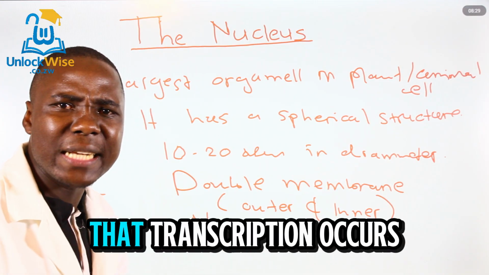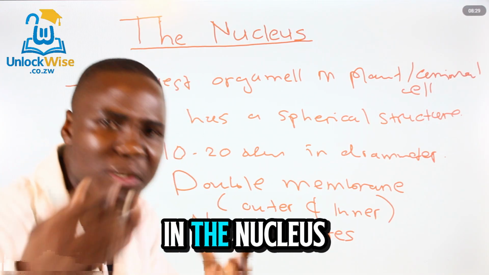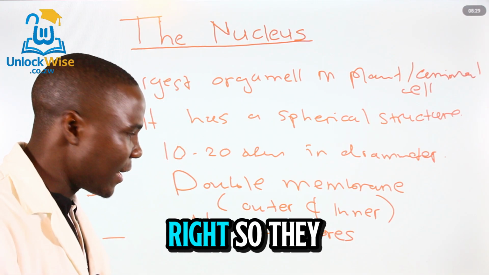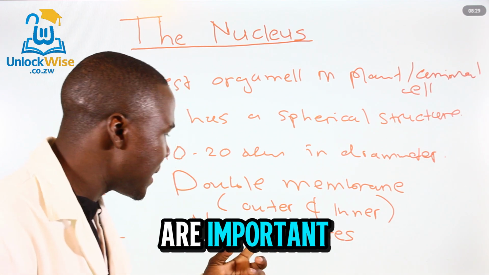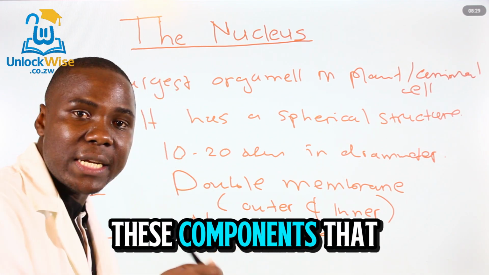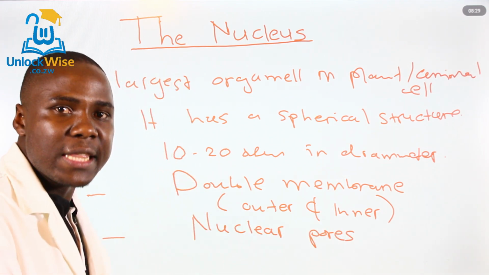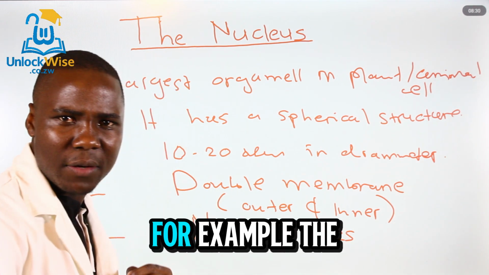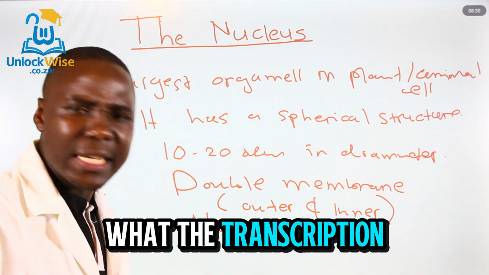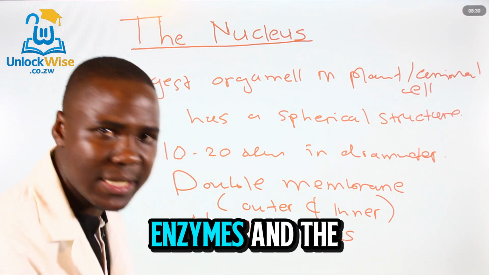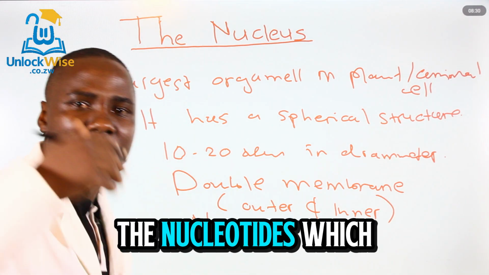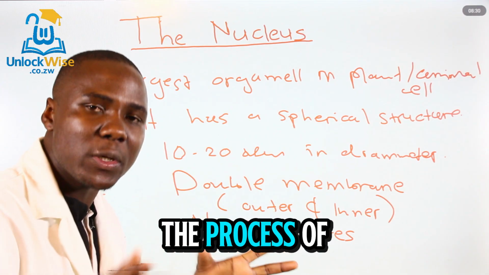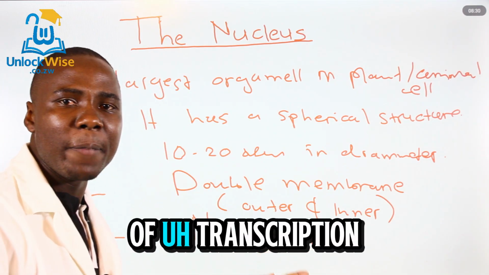Because also remember that transcription occurs in the nucleus, right? So these components that enter into the nucleus are important for the reactions that take place in the nucleus. For example, the transcription, the enzymes, and the nucleotides, which are involved in the process of transcription, right?